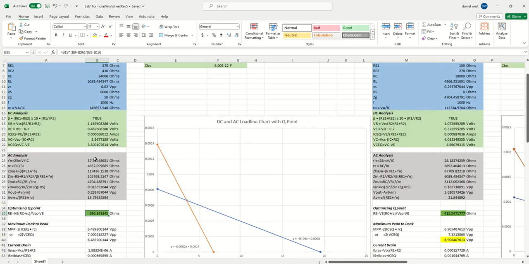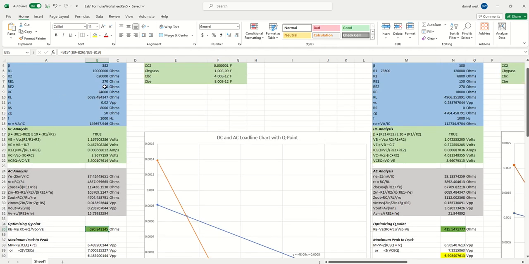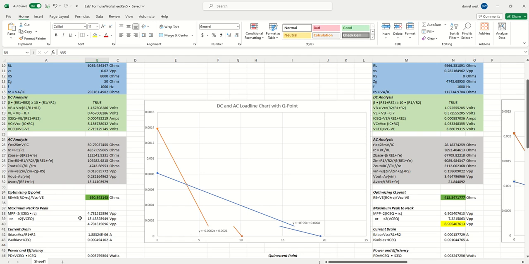So if you're having issues with your circuit being in saturation or in cutoff mode, say your max peak to peak looked like this: one equation is 4.78, and the other equation is 15.4 volts peak to peak. These two numbers should be pretty close together.